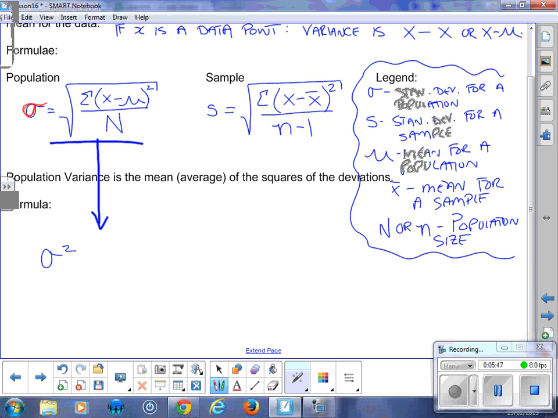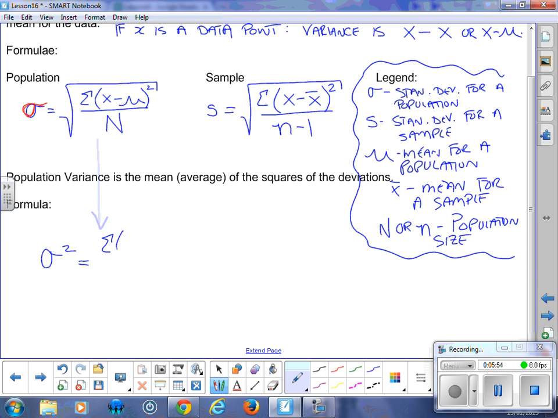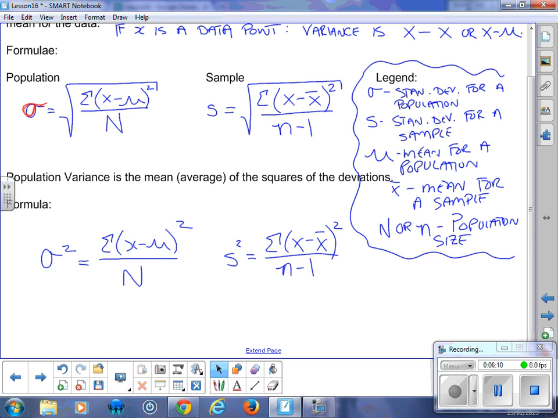It's the same formula, except if I square the sigma, that gets rid of the square root sign on the other side. So X minus mu squared over n, and same thing here. So really, it's the same formula. It's just manipulated a little bit, and the data it produces is a little bit different. Now, we're going to be working more with standard deviation.